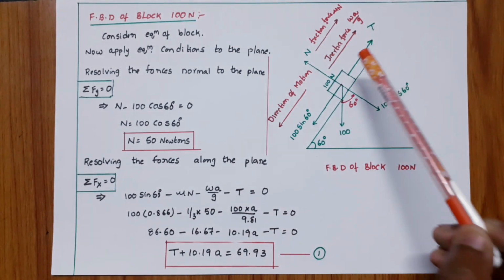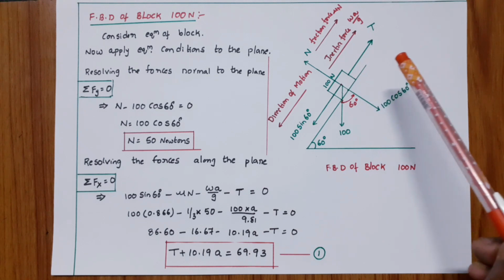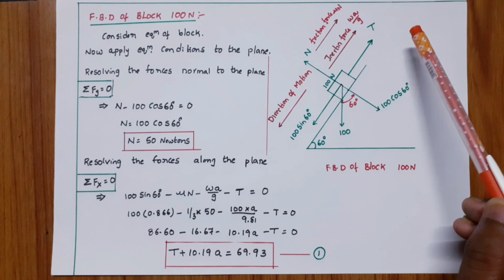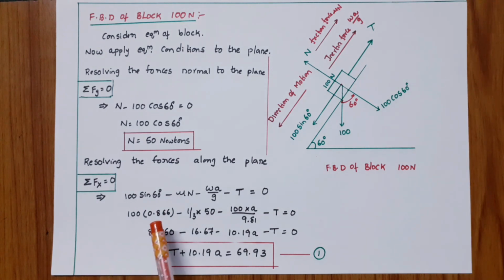Friction force, inertia force and tension force act opposite to the direction of motion, so all these forces are negative. 100 sin 60 minus friction force minus inertia force minus tension force is equal to 0. That is, 100 sin 60 minus mu N minus W A by g minus T equal to 0.